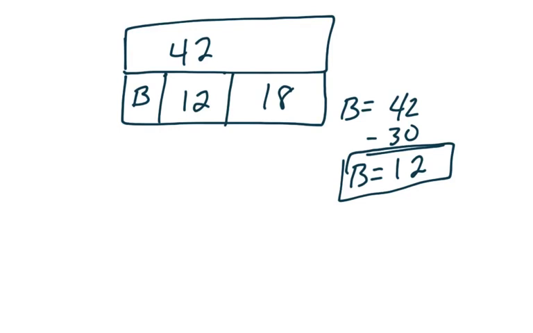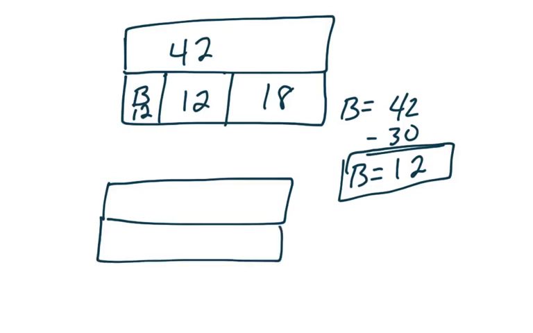So right here, I can put that 12. Or if I want to, I can remake my strip diagram. I can put that 12, and 18 make 42. So now let's look at that in a word problem.